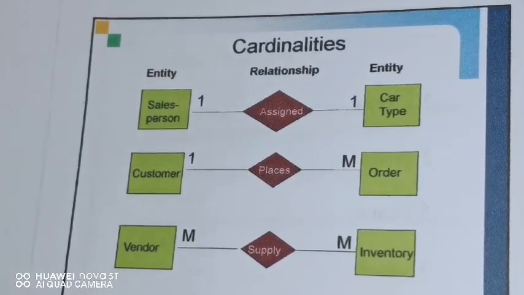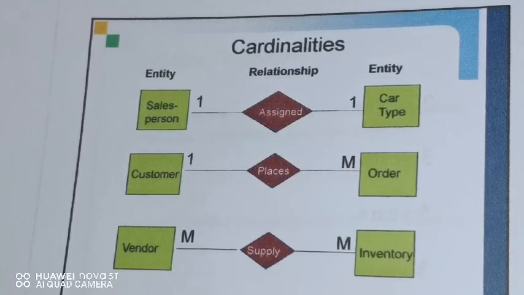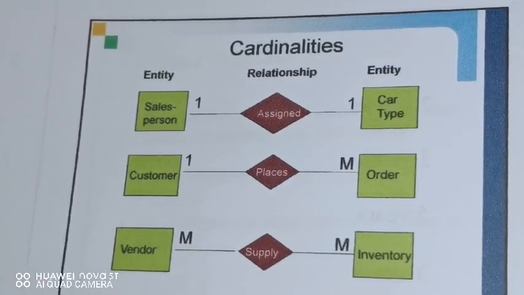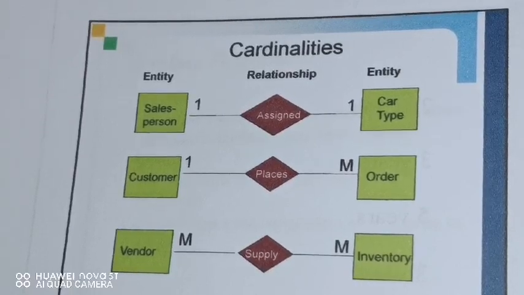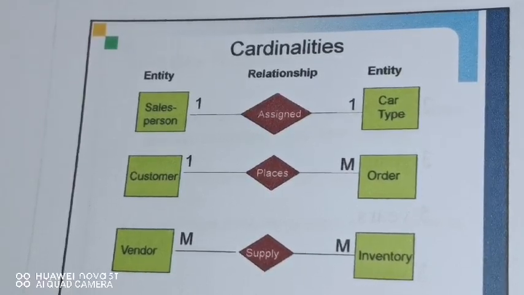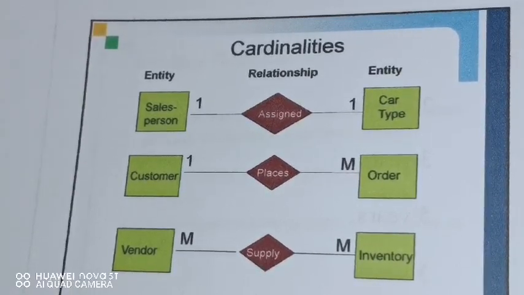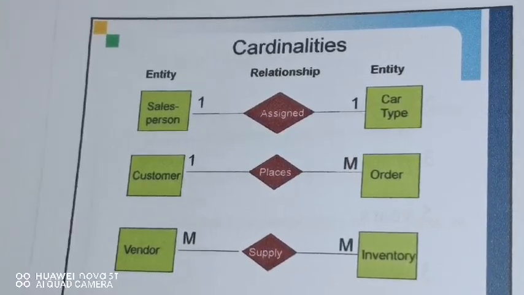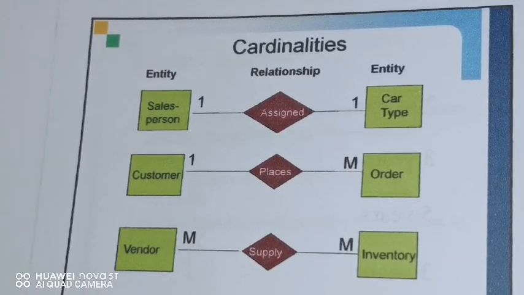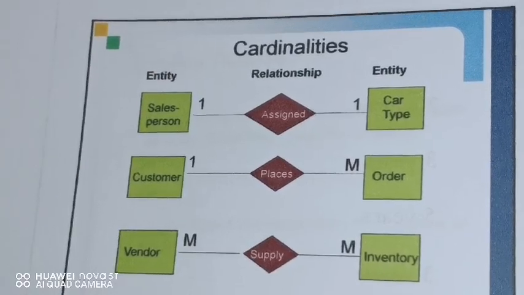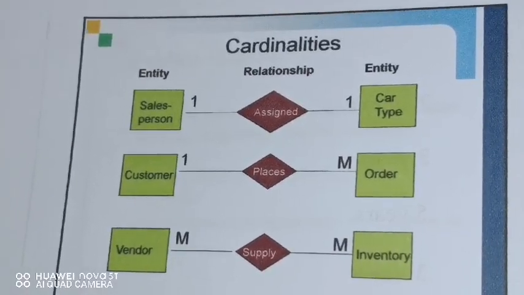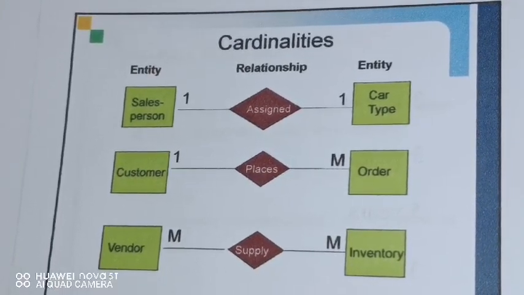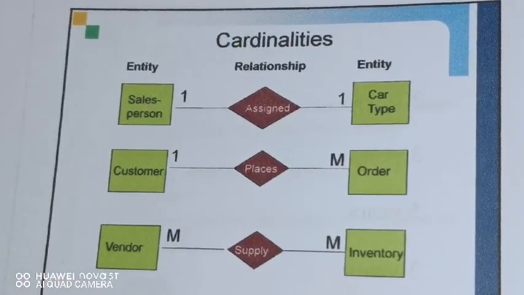So, sa isang salesperson, merong isang specific car na para sa kanila. Kaya nga tinawag siya na 1:1. Maliban na lang kung may mga cases wherein yung salesperson ina-allow na gumamit ng maraming sasakyan. Pero napakadalang naman yun. Usually, there is one car for one salesperson. So that's why it is 1:1.